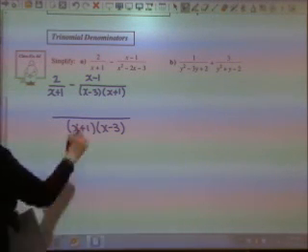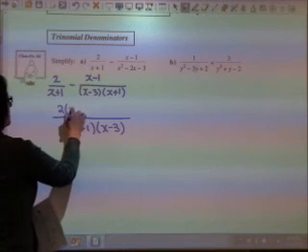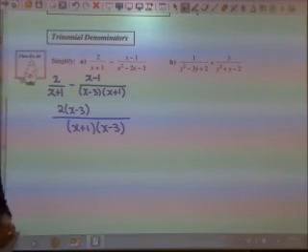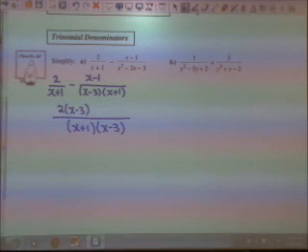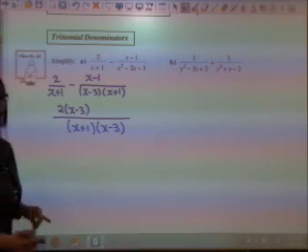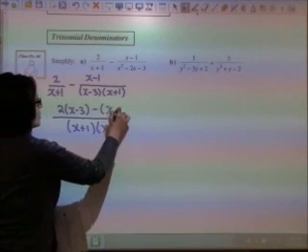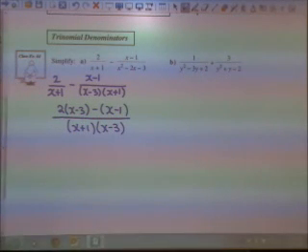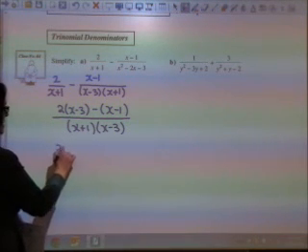X minus 3. And what do I multiply the second expression by? Negative 1. Or I don't have to multiply it by anything. There's no change. Remove my brackets.